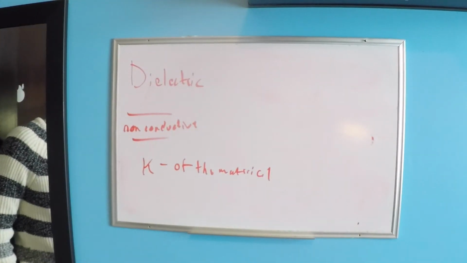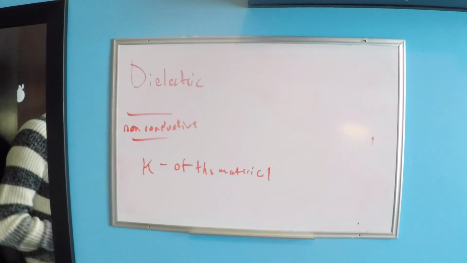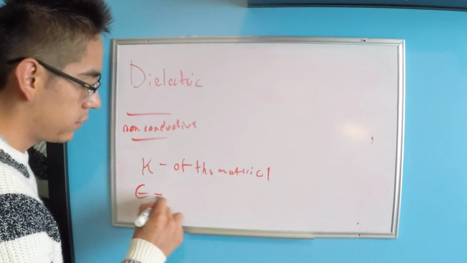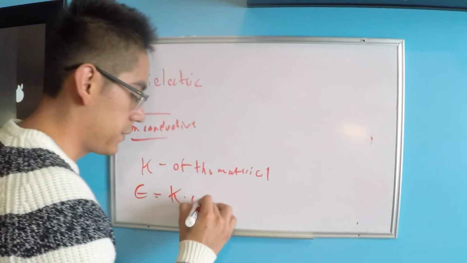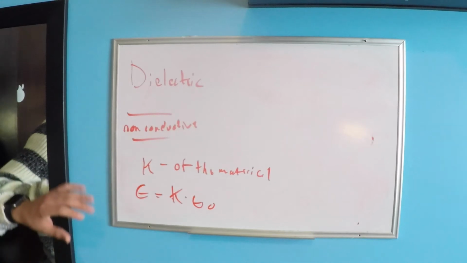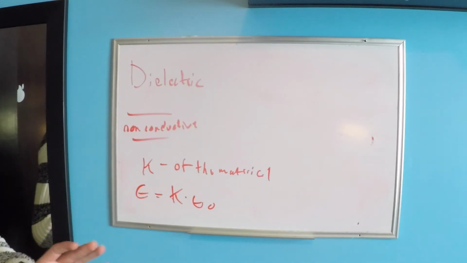And the quantity epsilon equals K times epsilon 0. This is called the permittivity of the dielectric.